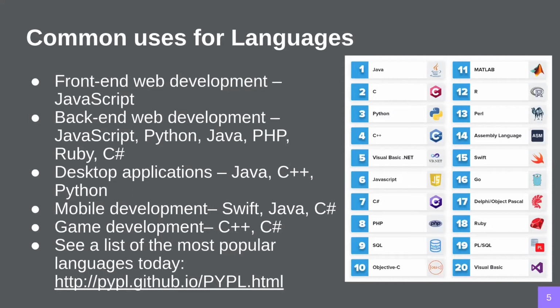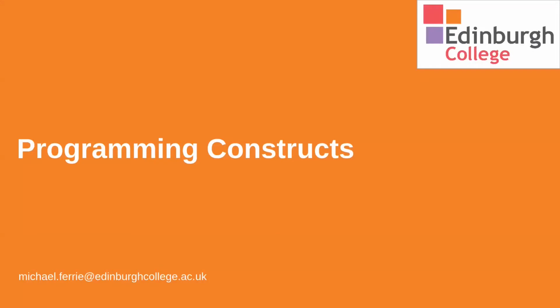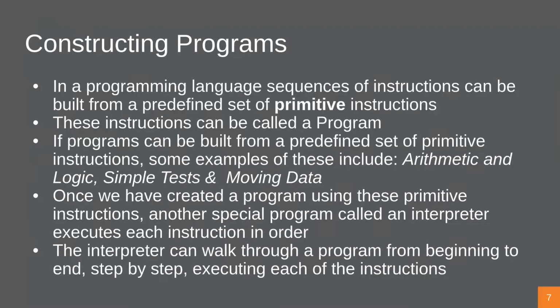So let's look at some programming constructs now. What actually is a programming construct? When we construct a program, we can consider that the program can be built from a predefined set of primitive instructions.